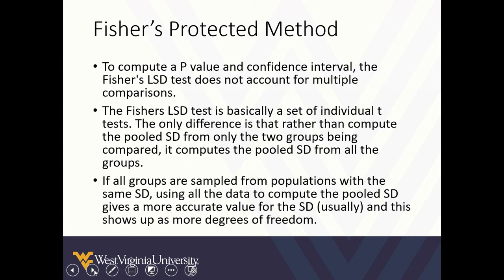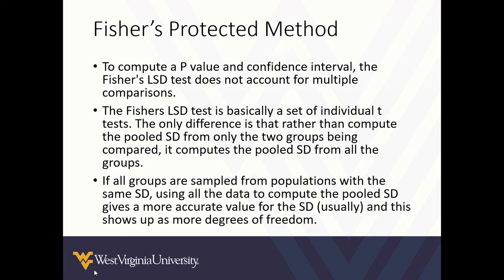To compute a p-value and a confidence interval, the Fisher's LSD test does not account for the multiple comparisons. It basically does what I said at the very beginning was a bad idea: it just computes a whole bunch of individual t-tests.